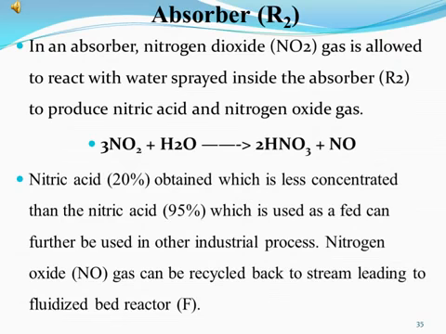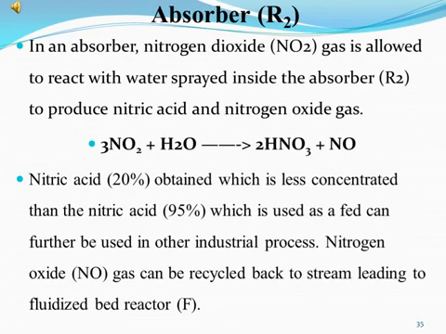Absorber R2, as shown in the flow sheet diagram on slide number 37. In an absorber, nitrogen dioxide gas is allowed to react with water inside the absorber R2 to produce nitric acid and nitrogen oxide gas. You can see in the chemical reaction, nitrogen dioxide reacts with water molecules to produce nitric acid and nitric oxide.